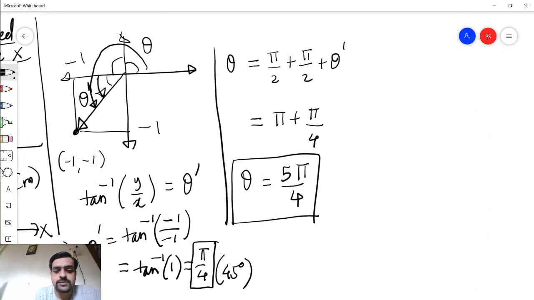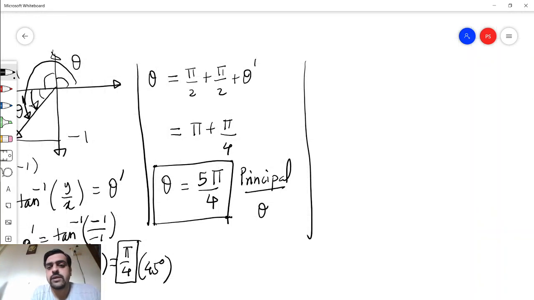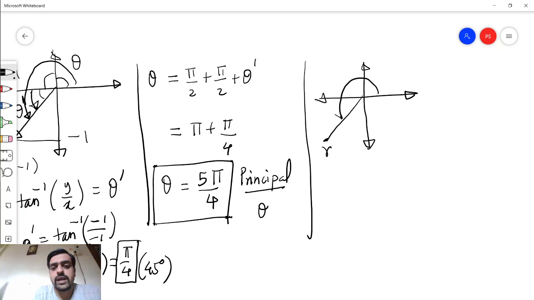Now there is another concept to this. This is mostly called as principal theta. And why is it so? Because suppose that we are having a particular direction of r given by a value of theta, we can come across the same position by repeating an entire cycle, either clockwise or anti-clockwise.